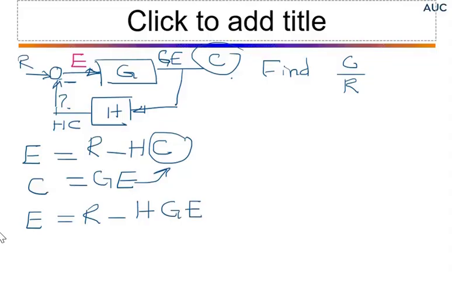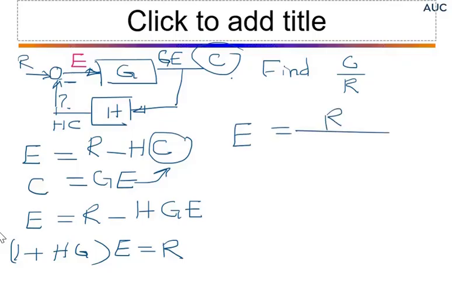If I move that to the left hand side, I will have 1 plus HG times E equals R. That means E equals R over 1 plus GH.